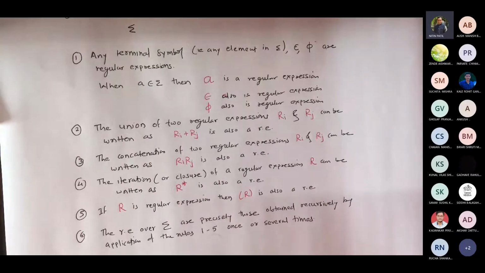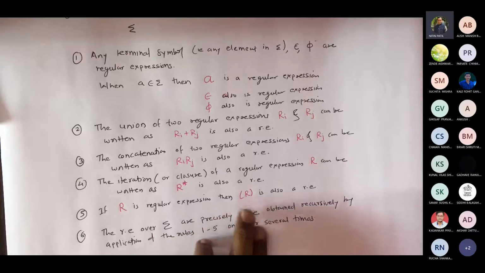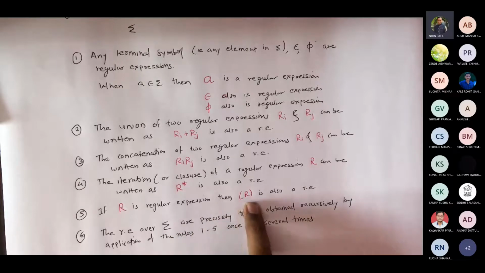As this is an algebraic notation, we generally use round brackets as in mathematics, so I'm using that concept too. If R is a regular expression, then round opening bracket, R, round closing bracket is also a regular expression.